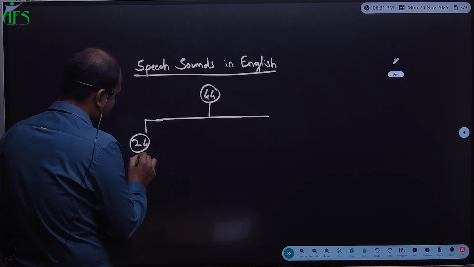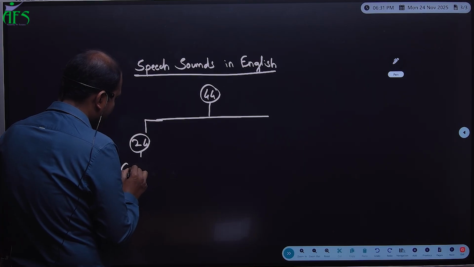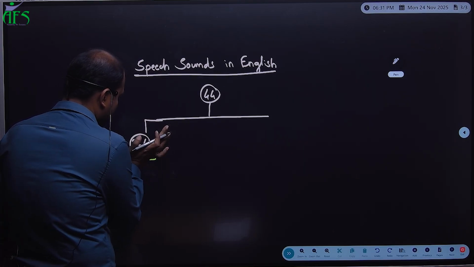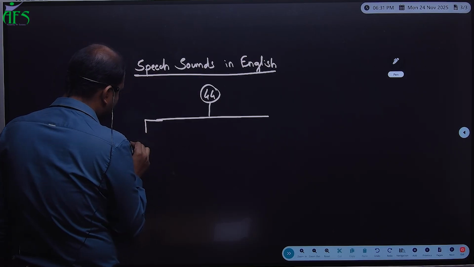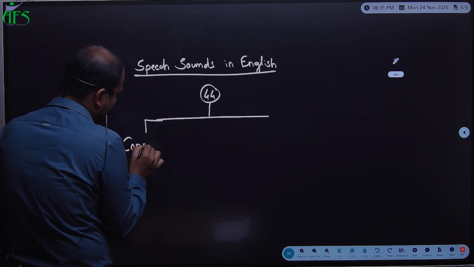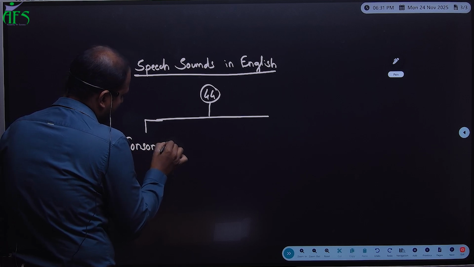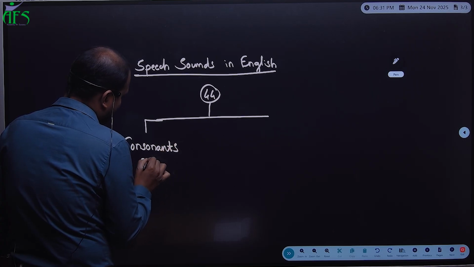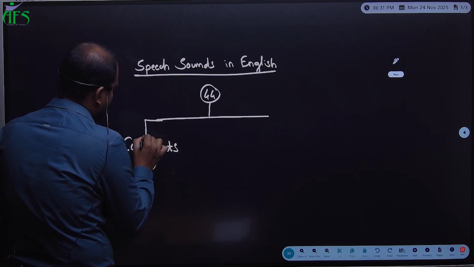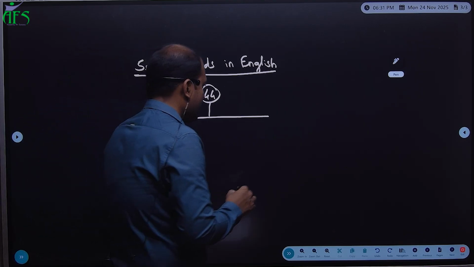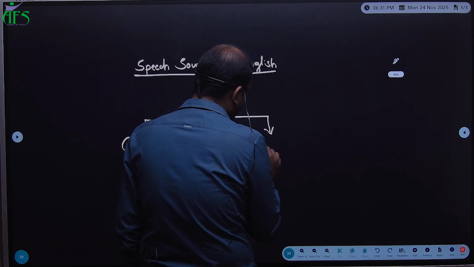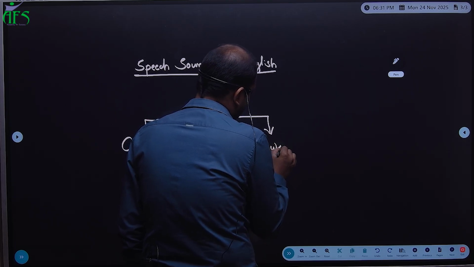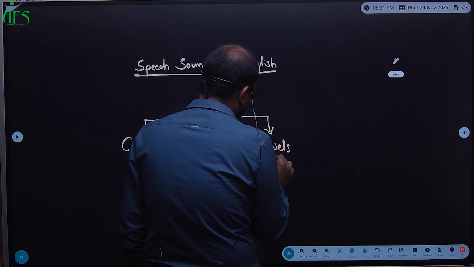Twenty-four consonants, then vowels, 20.